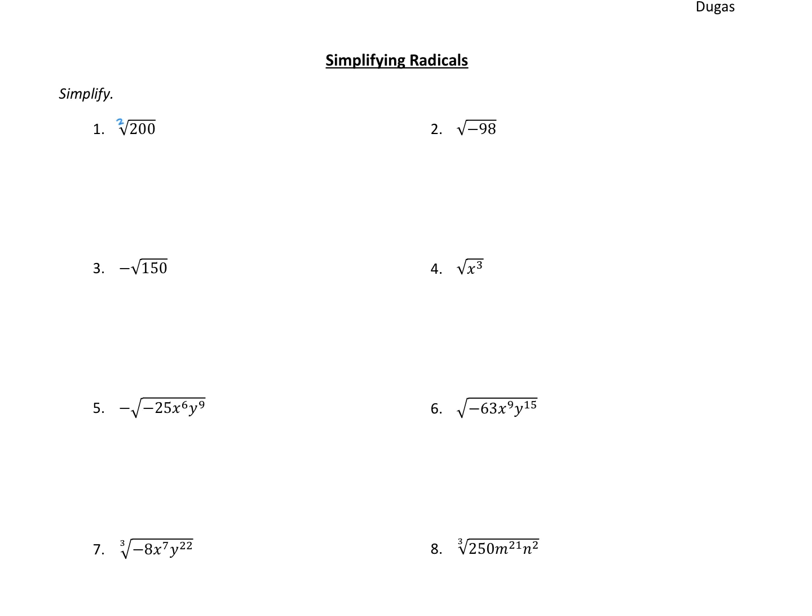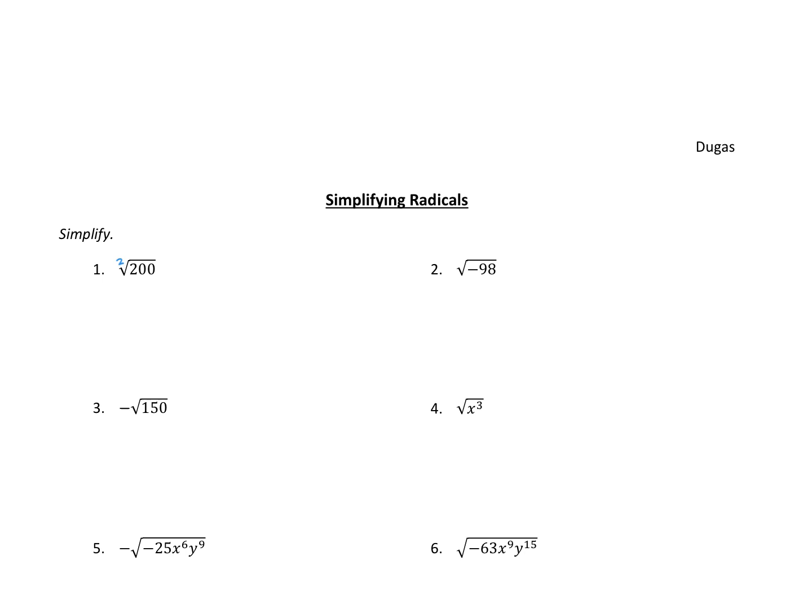So in other words, let's think of something else really quickly. Let's say I had the square root of 5 times 5, or say I had the square root of 25. The square root of 25 is 5, and that's because 5 times 5 is 25.